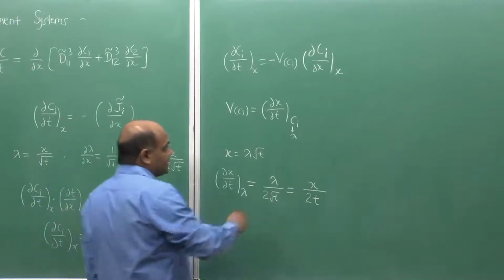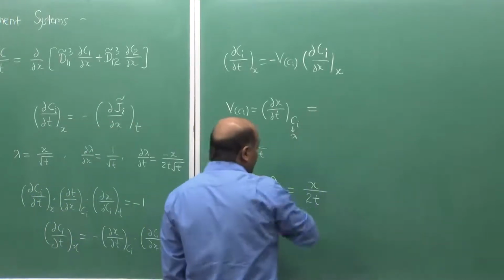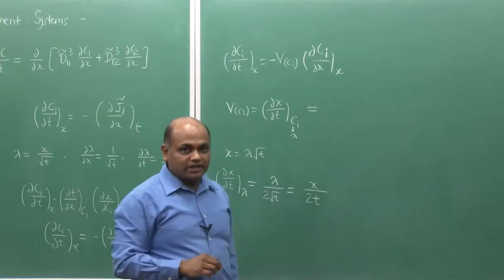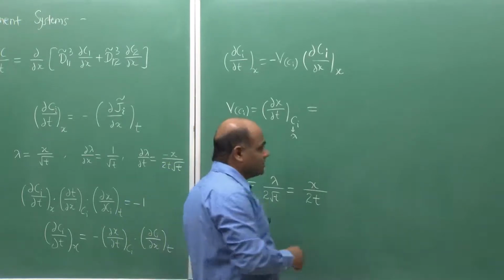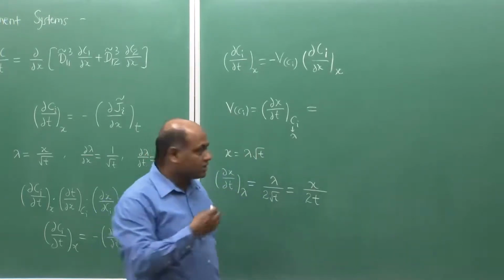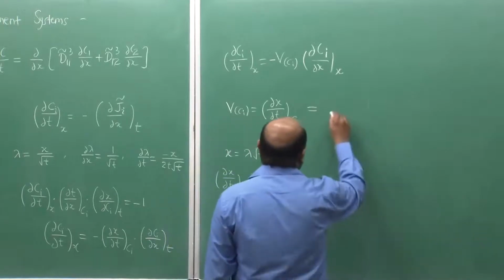So, V of C I is given as x over 2T, and if x naught is our origin, we can write it as x minus x naught over 2T.